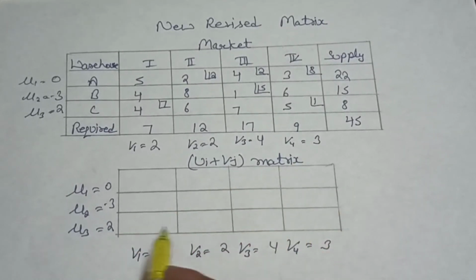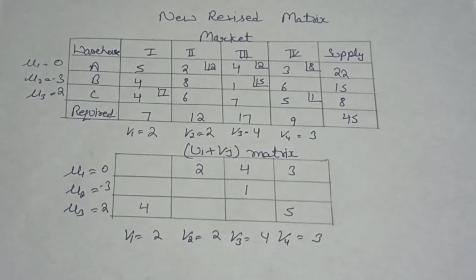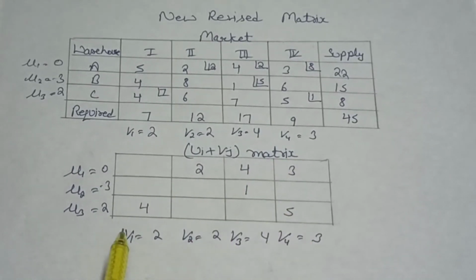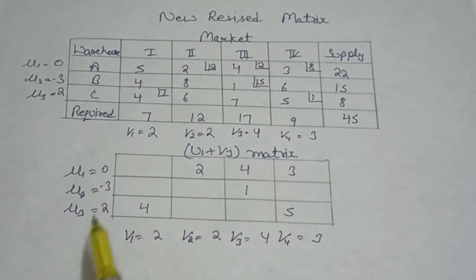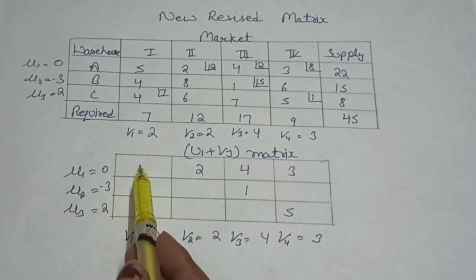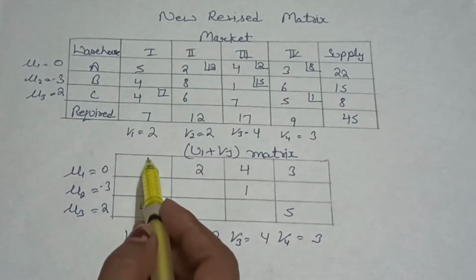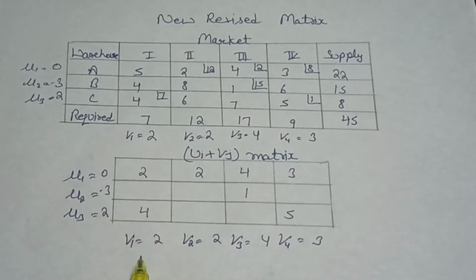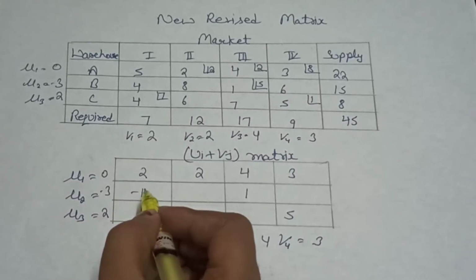Now we will calculate this ui plus vj matrix. Students, you can see these values are our allocated values. We have allocations in these cells, so these values will be the same. Now we have to calculate the value for this cell: 0 plus 2 is equal to 2. Minus 3 plus 2 is equal to minus 1.